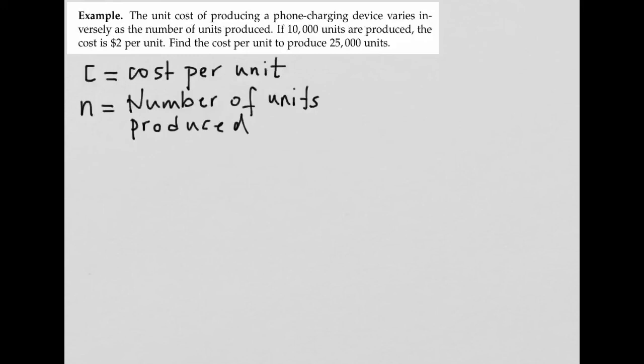What is the relationship between C and N? Well, the problem tells us that the unit cost of producing a phone charging device varies inversely as the number of units produced. This translates mathematically to C equals K over N for some constant K.